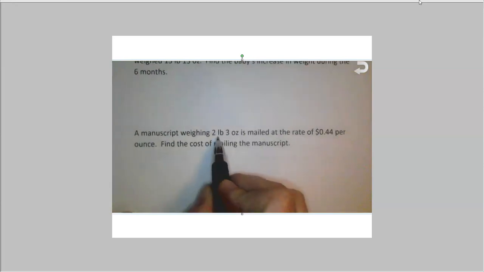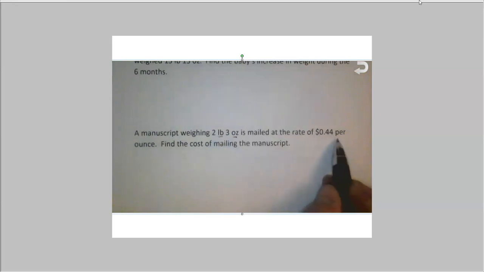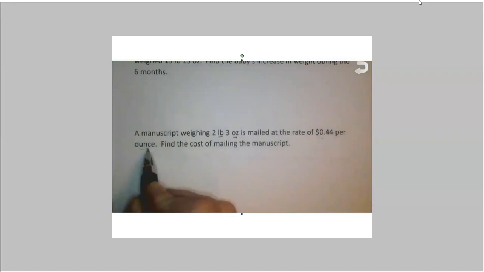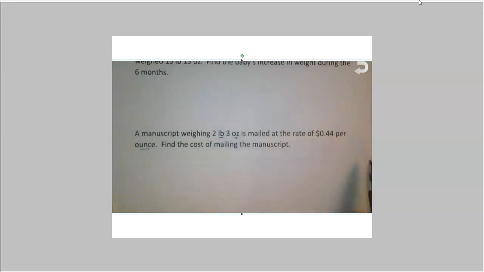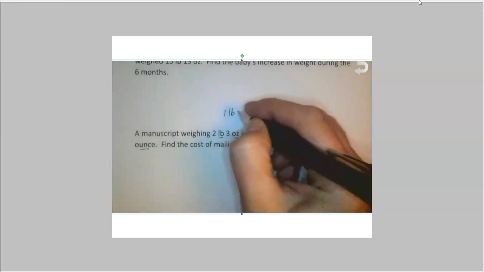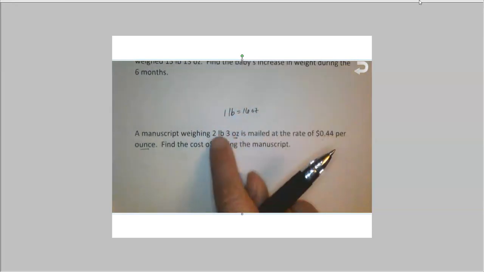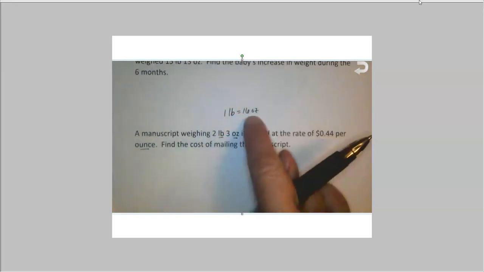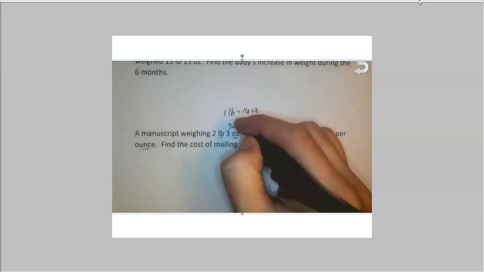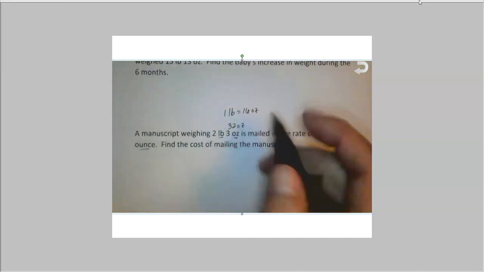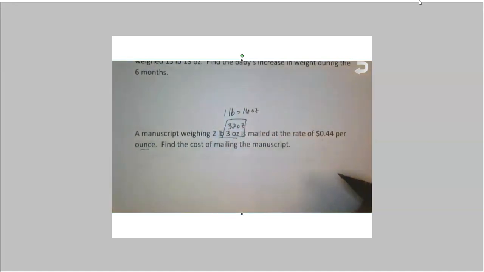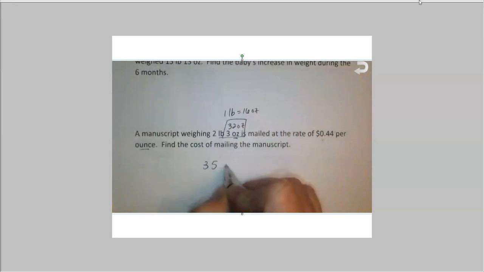This package is given to me in a mixed measure, pounds and ounces, but I'm charged per ounce. So I've got to take this and convert it to ounces before I can find out how much it's going to cost. So 1 pound is 16 ounces. 2 pounds would be 16 plus 16, so 32 ounces. Combine that with that 3, and that's a total of 35 ounces, okay?